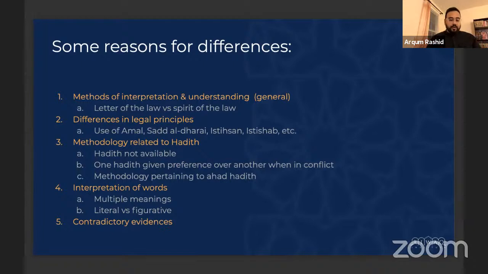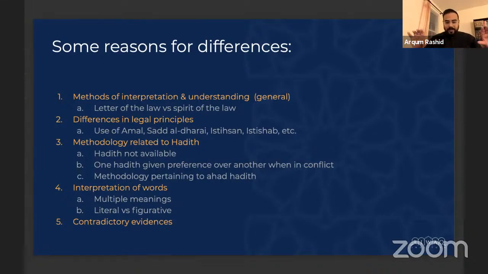So if I'm employing sadd al-dhara'i as one of my legal tools, if you remember, sadd al-dhara'i is blocking the means. If I am employing that as a tool, I will be labeling things as impermissible that other schools might not label as impermissible because they don't recognize this tool known as sadd al-dhara'i.